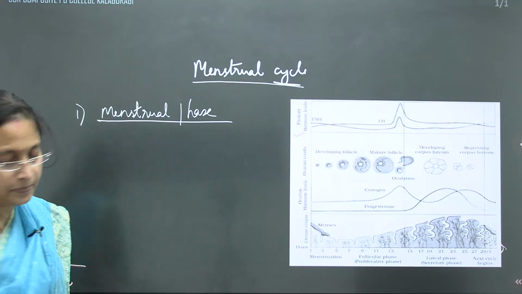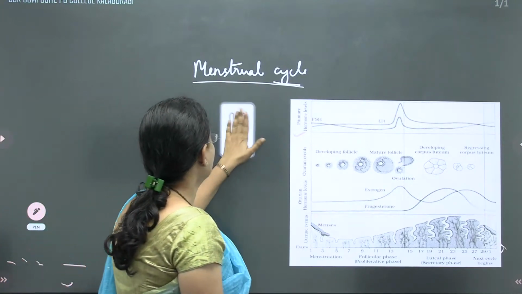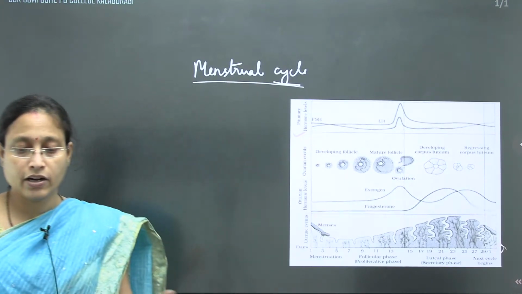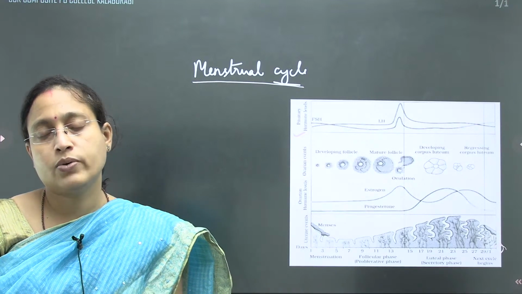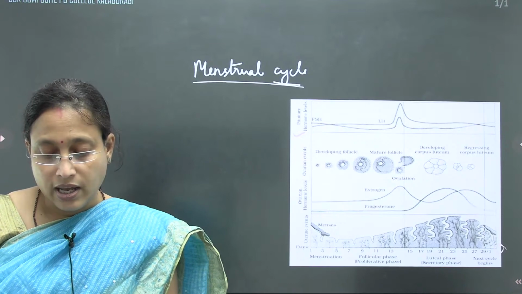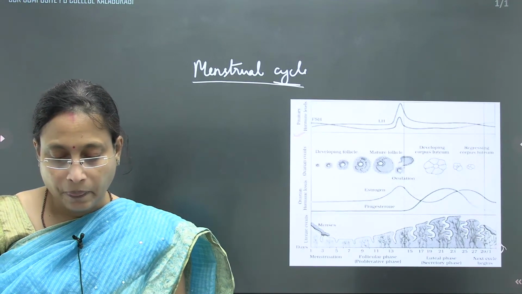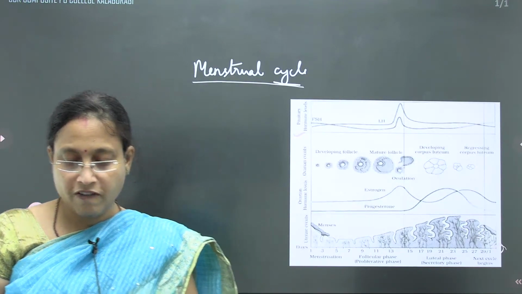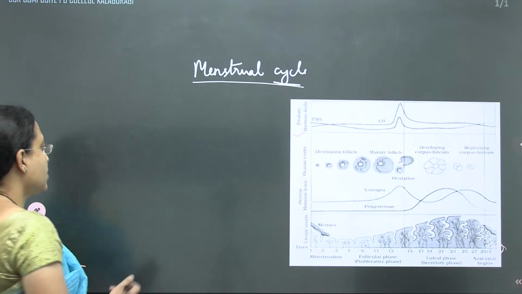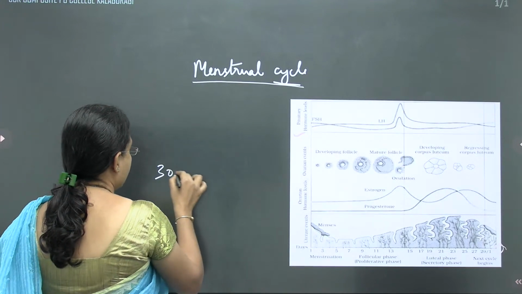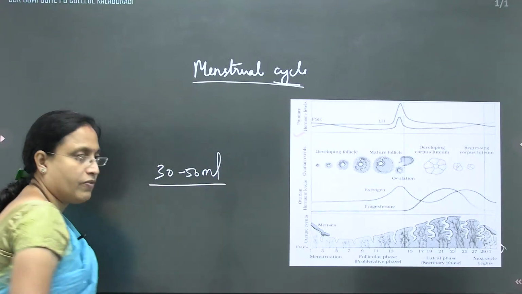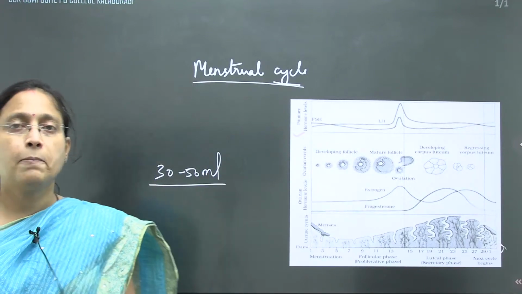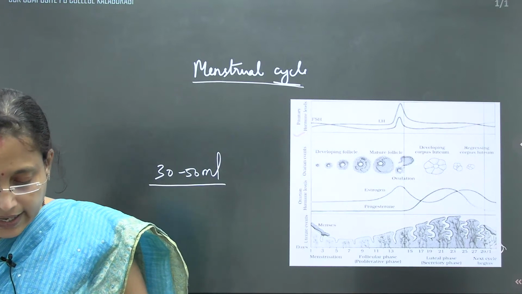So an indicator of pregnancy is nothing but an absence of menstruation or discharge. Then how much blood will be discharged? On average, and this cannot be fixed for all women, 30 to 50 ml of blood can be discharged.